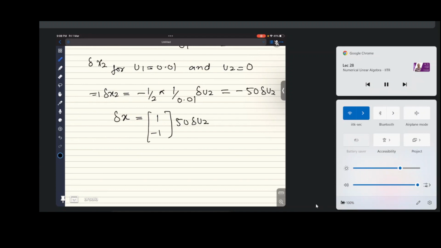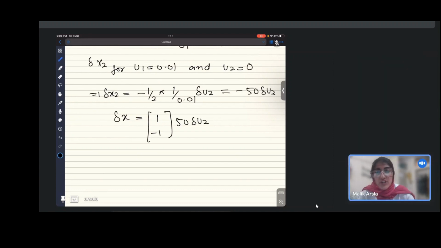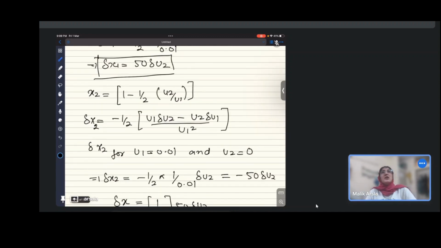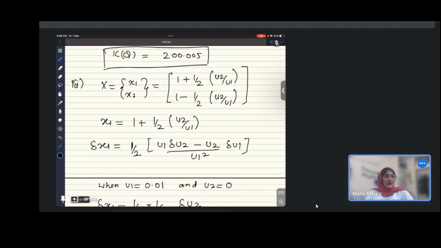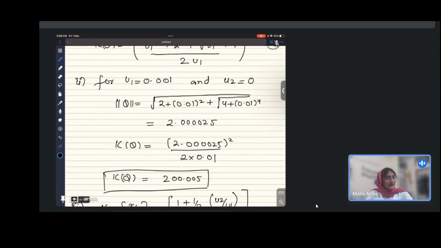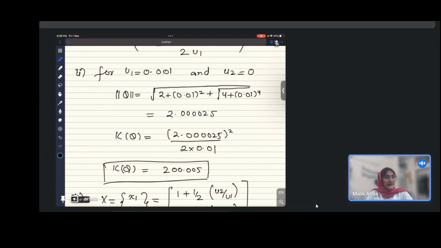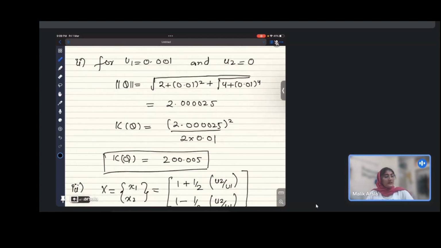The condition number tells us about the system. Here we found the condition number for u1 and u2, and it was coming out to be 200, so it is a huge number. That means this system is ill conditioned.